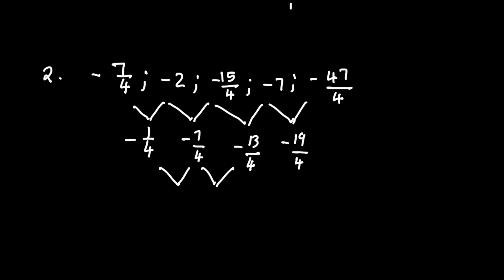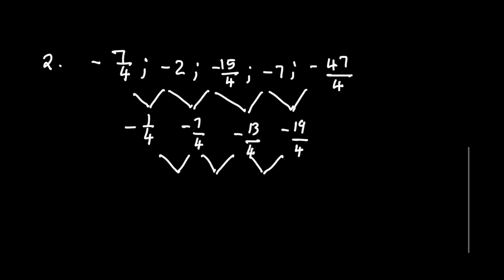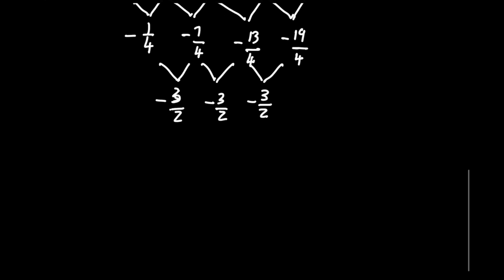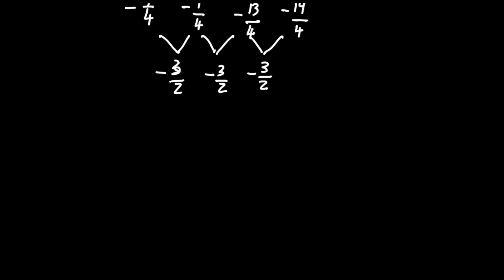Now that was our first difference. Our second difference is equal to -3/2, -3/2, -3/2. As we can see, our second difference is constant, which means I was correct. This is a quadratic sequence.